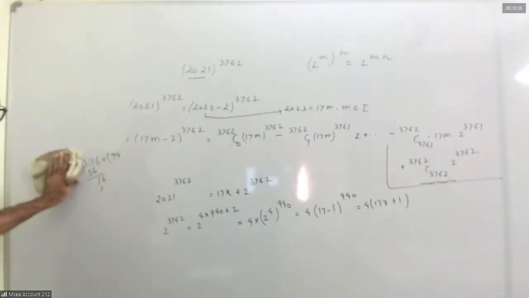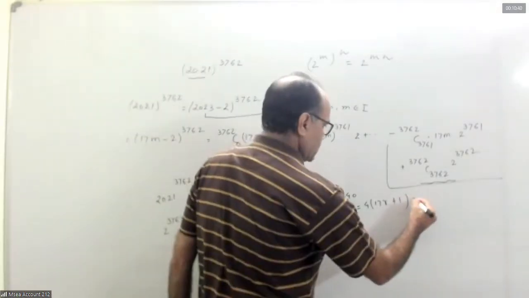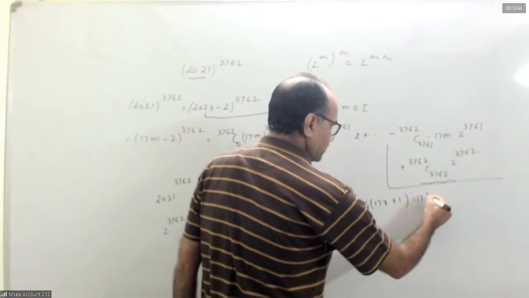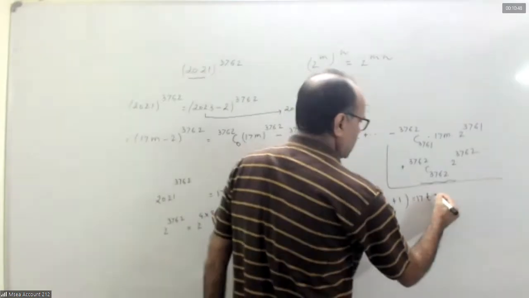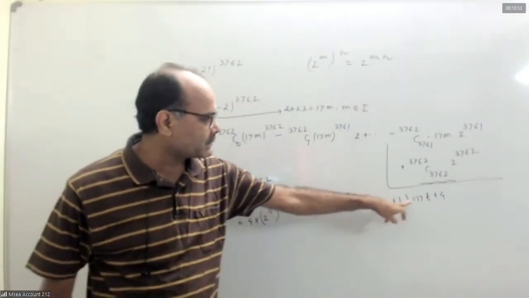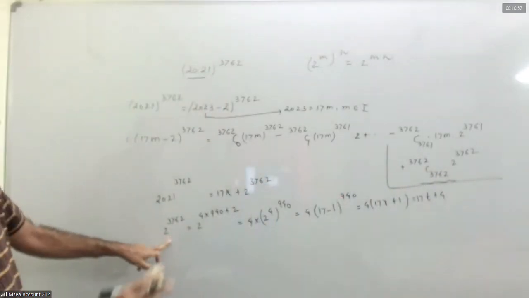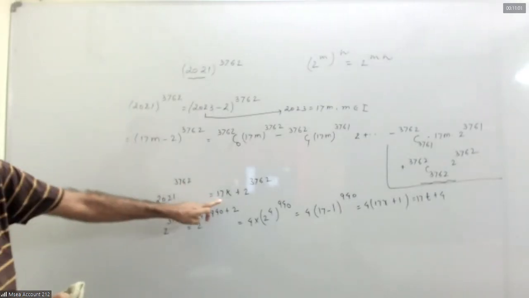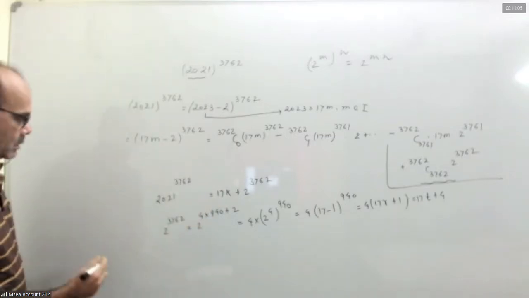So that can be written as some 17t for some integer, where r, t, k are positive integers, plus 4. 4r is some t. So this quantity can be written as 17t plus 4. So the whole thing is 17k plus 17t plus 4.